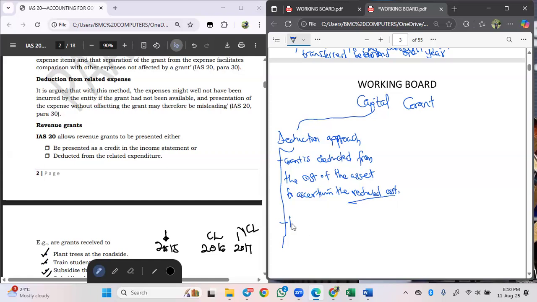So depreciation is calculated on that revised or reduced cost. Okay, so what happens in the statement of financial position?